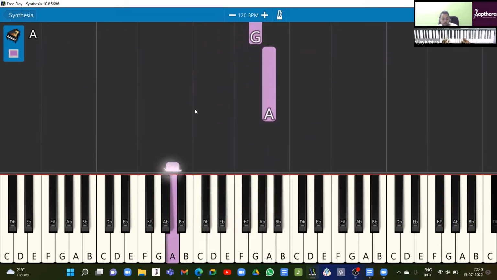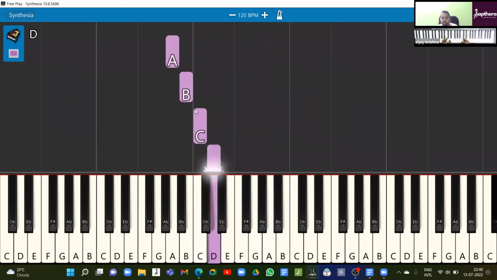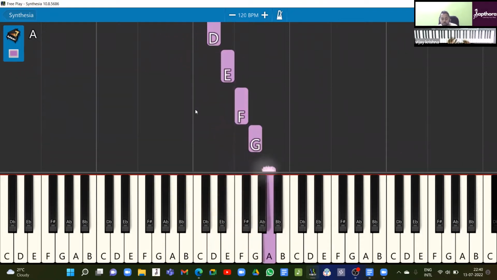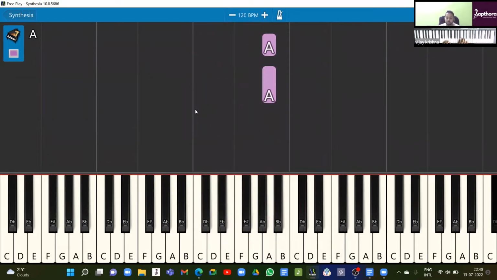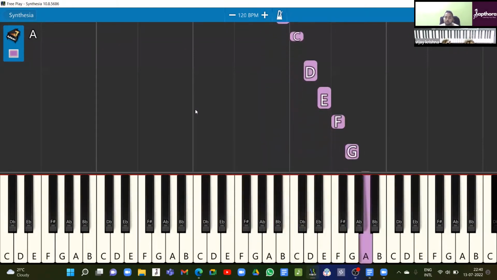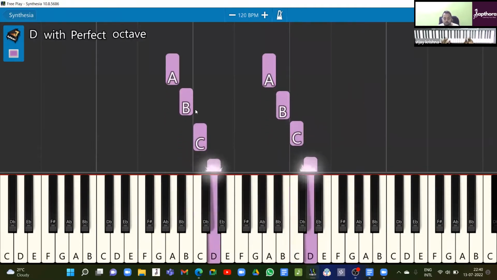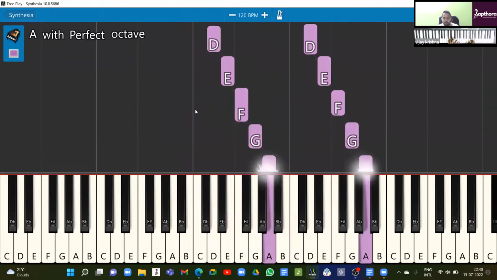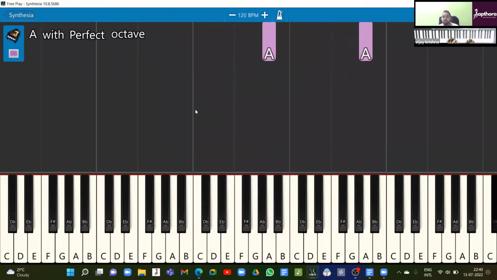So it goes like A, B, C, D, and the right hand part. Both hands together, it looks like this. And we need to come back in reverse the same way.